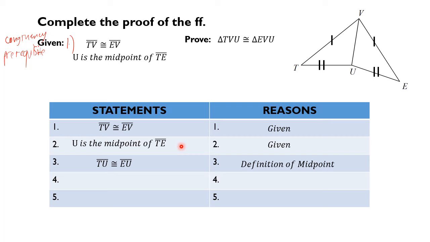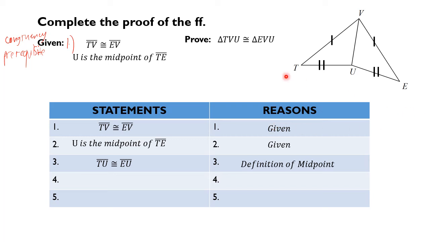Okay, try to analyze our figure. Now, once you're done finding the two congruent parts, you have to look into the third part. Okay, kailangan na kasi natin ng tatlo. Pwede angle, pwedeng side. Kapag angle, most likely vertical angles theorem.